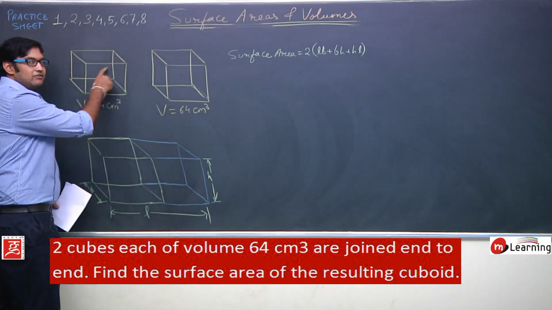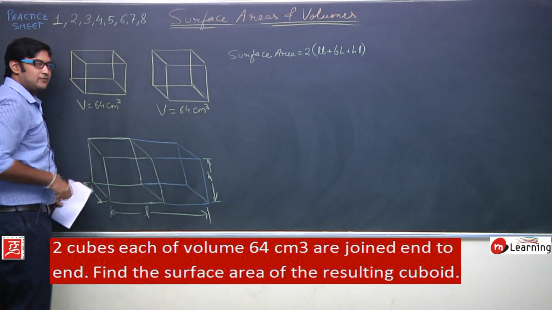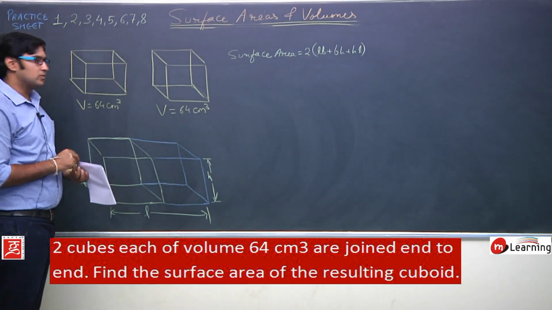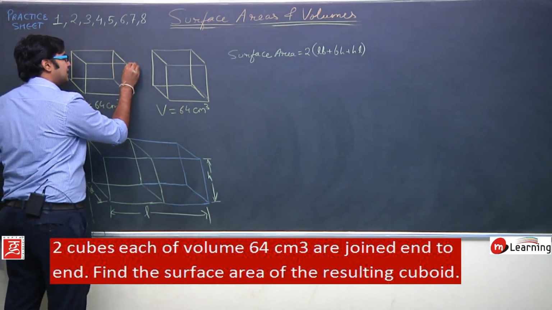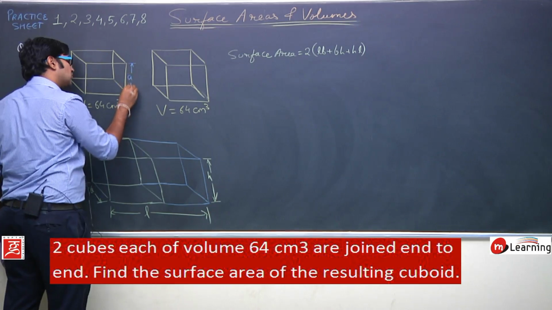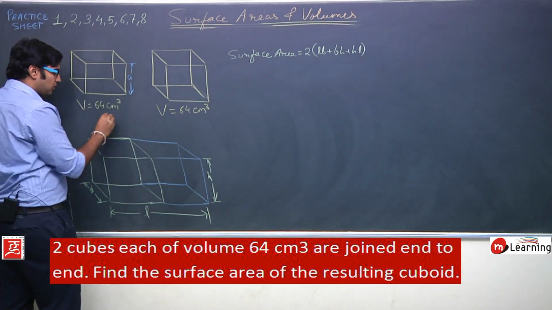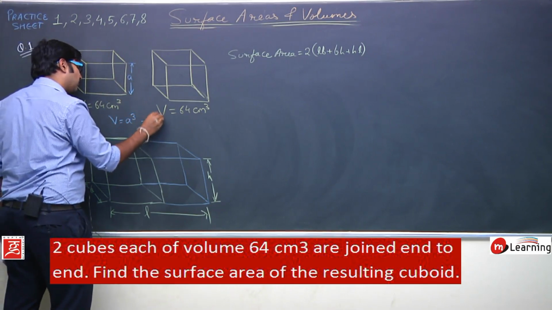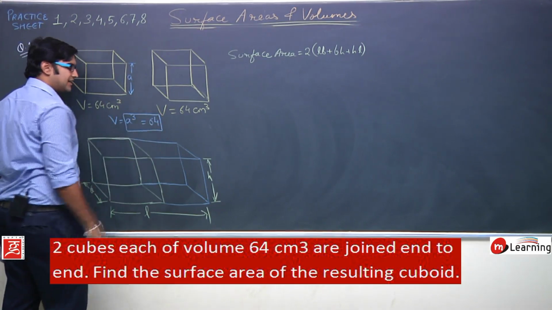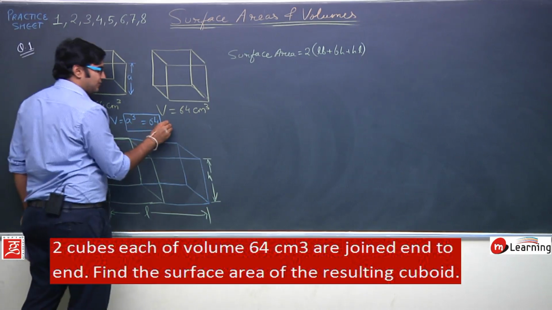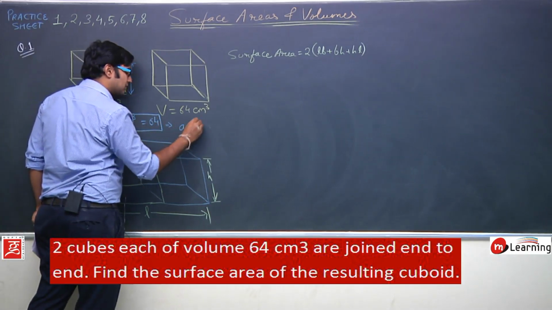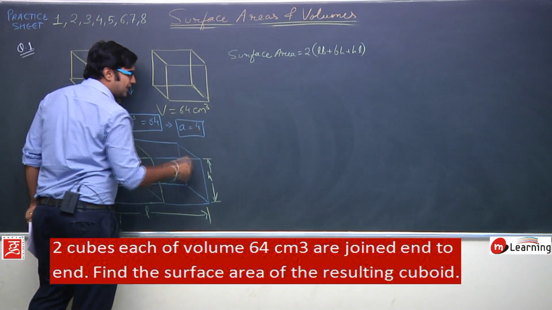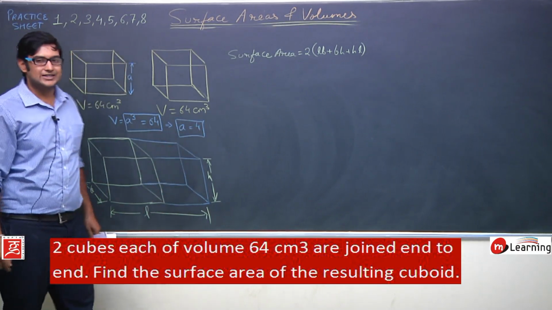Yes. I have these two cubes of the same volume, 64. Let us assume the side of this cube is A, then the volume of the cube is A cubed, and this is given as 64. So A cubed equals 64, which implies A equals 4. So the side of this cube is 4 centimeters.